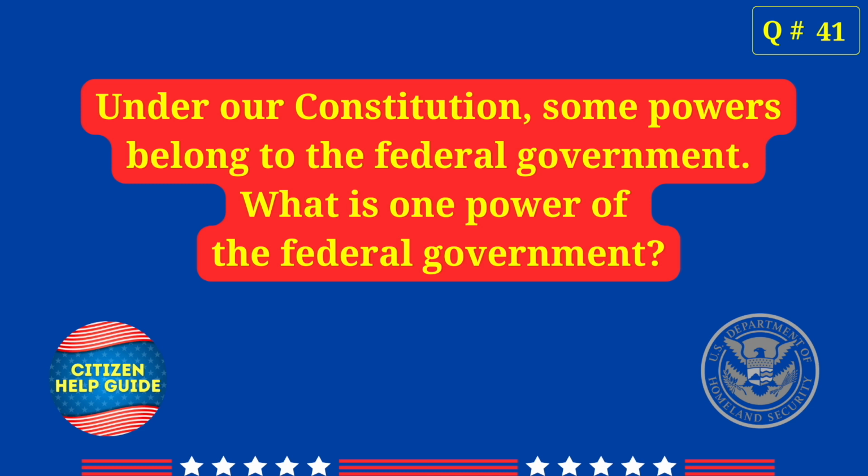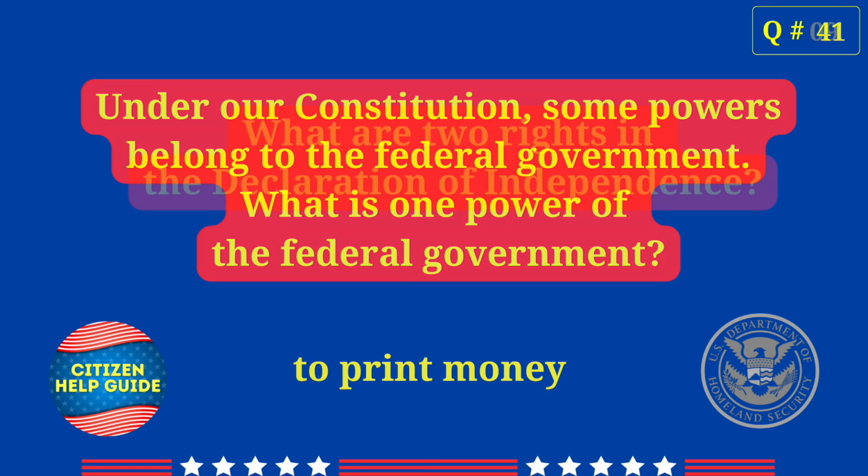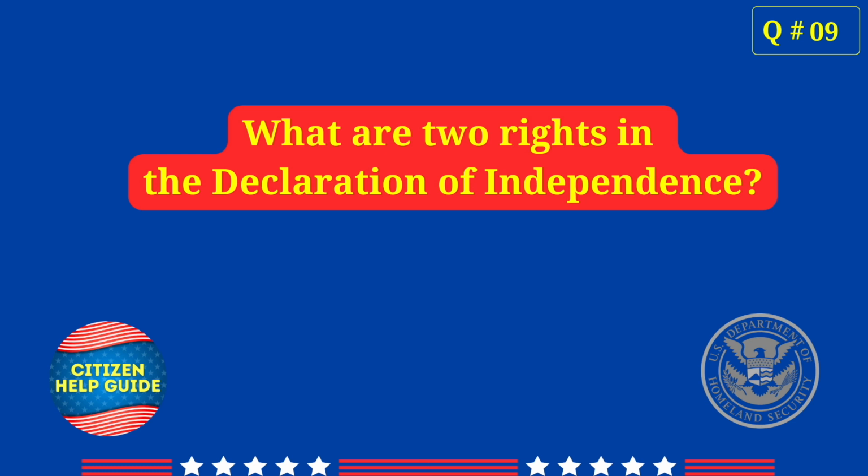What is one power of the federal government? To print money. What are two rights in the Declaration of Independence? Life, liberty.